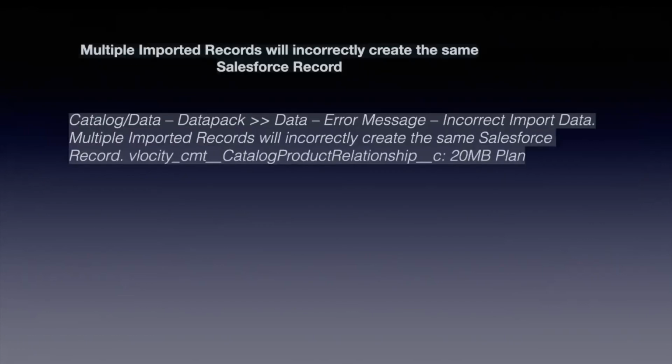This one is about when you are migrating products to a higher org, and sometimes we get these kinds of errors: multiple import records will incorrectly create the same Salesforce record. You do get the object on which this error is coming.